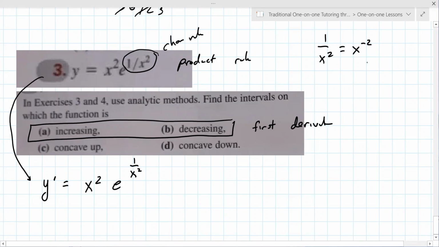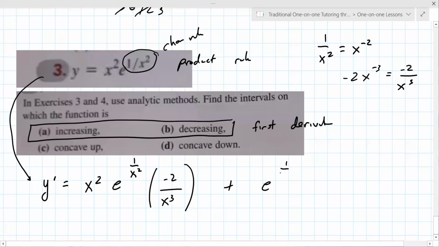So its derivative is negative 2x to the minus 3 power. We're going to write it this way though, because it'll be easier for canceling: negative 2 over x cubed. Plus e to the 1 over x squared times 2x.